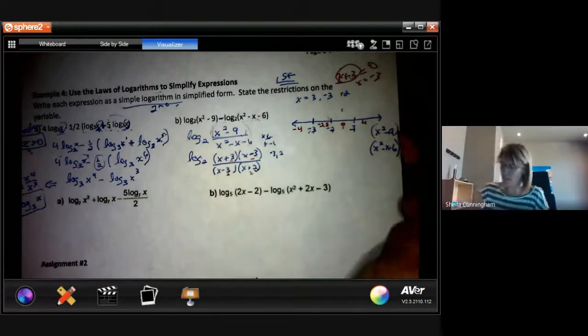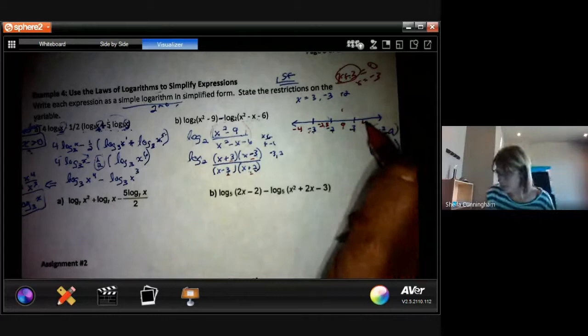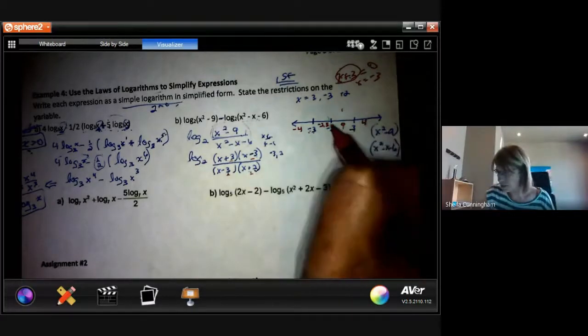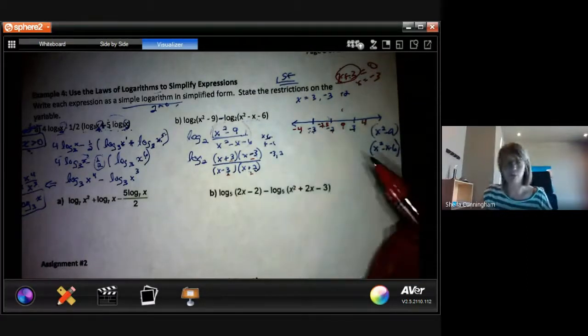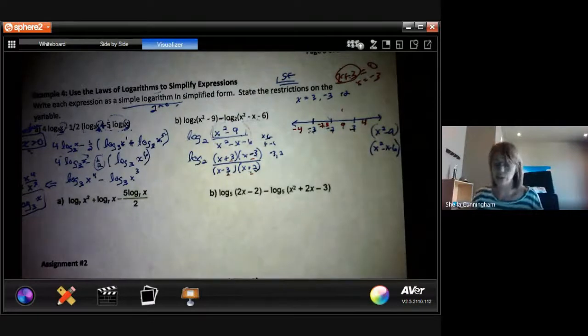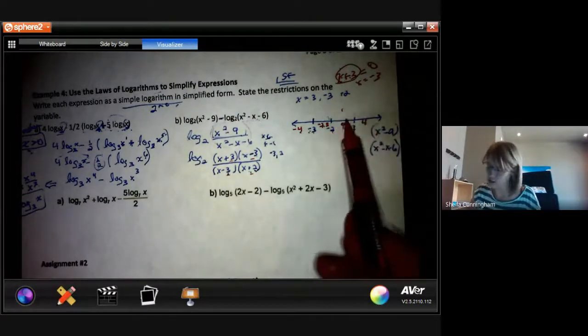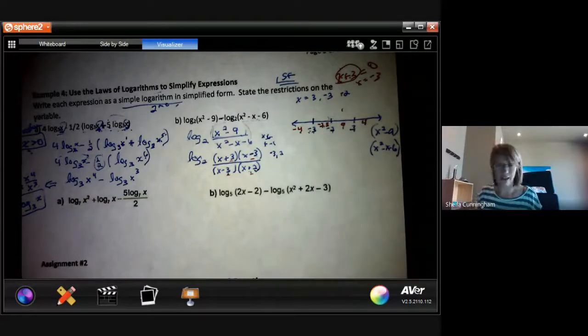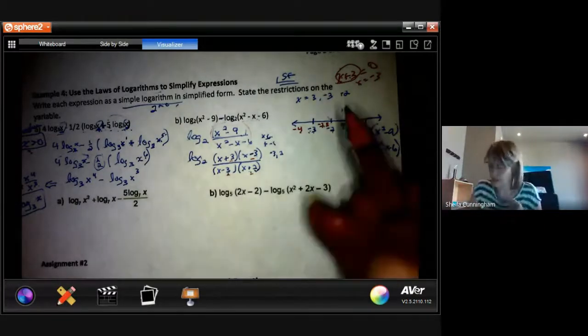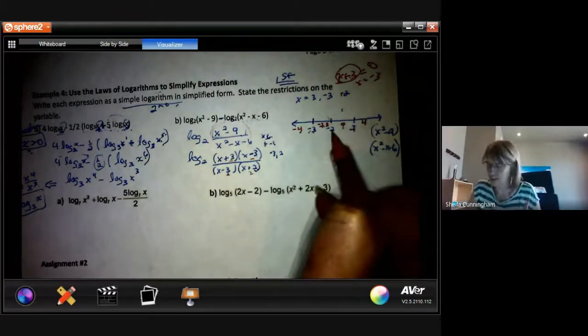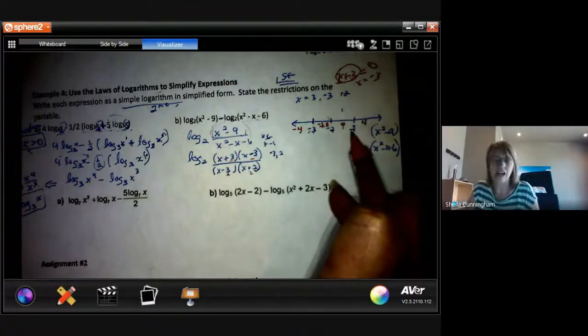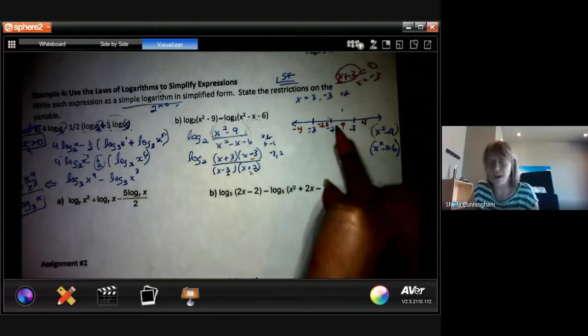And now my numbers in red here, the 4, the 0, the -2.5, and the -4, I just literally picked a value that belongs to that section of the number line, okay? That's arbitrary. I can pick whatever value as long as it fits in that section. So between -2 and 3, I could have picked a 1, I could have picked a -1.